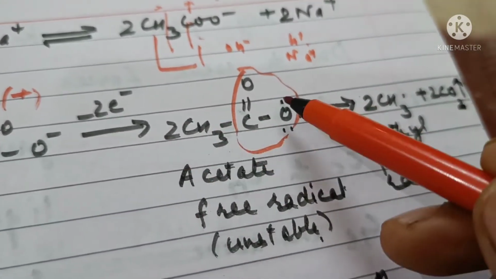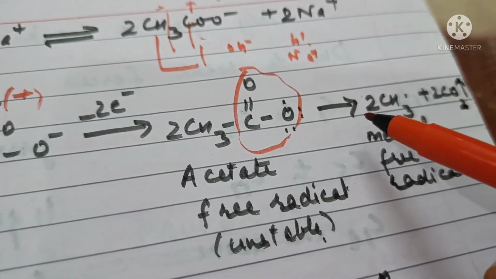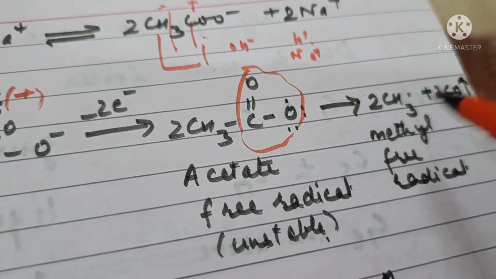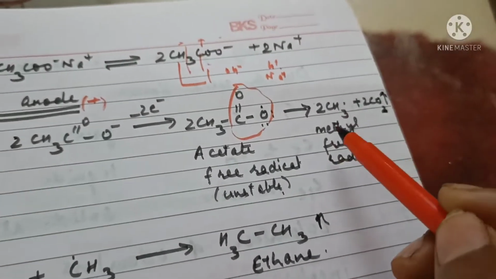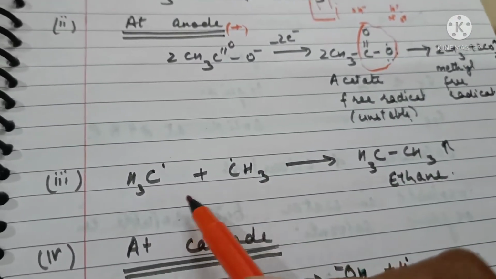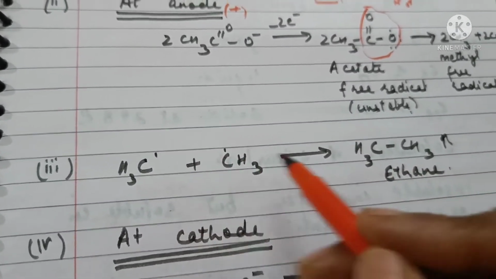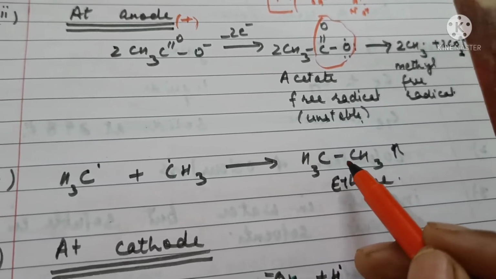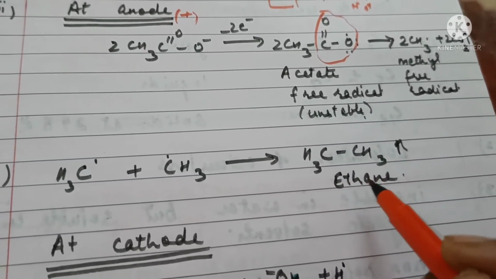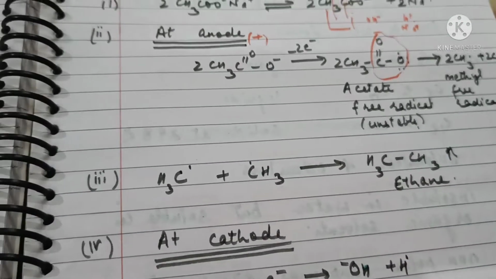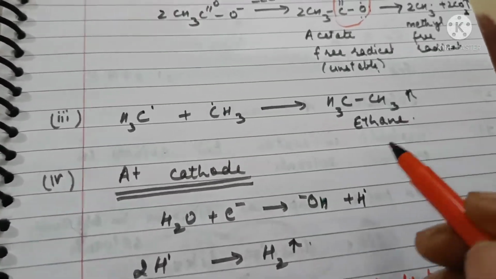So 2 acetate ions will give 2 carbon dioxide and 2 methyl radicals. These methyl radicals are very reactive and combine with each other. One electron from each will form a single bond between the methyls, and ethane will be formed. At the anode, ethane is released.